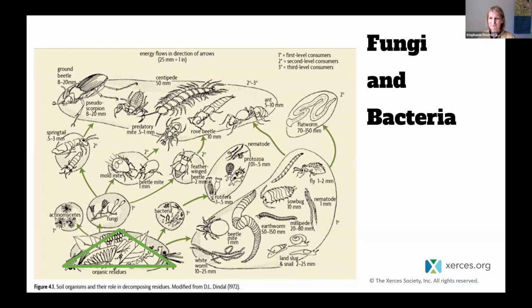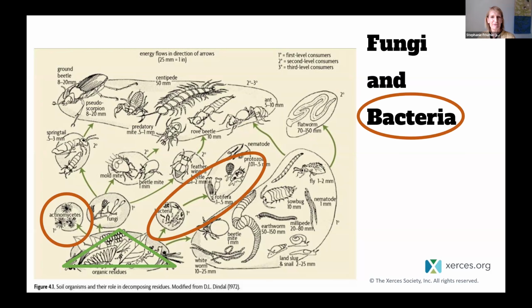It's just zeroing in on once they're dead and they have dropped parts of them, and they have these organic residues. So then if we add bacteria here, these are the groups circled in an orange color. You can see there's a transfer. They're able to consume and break down the organic residues and begin to move that energy and nutrients out into the food web.